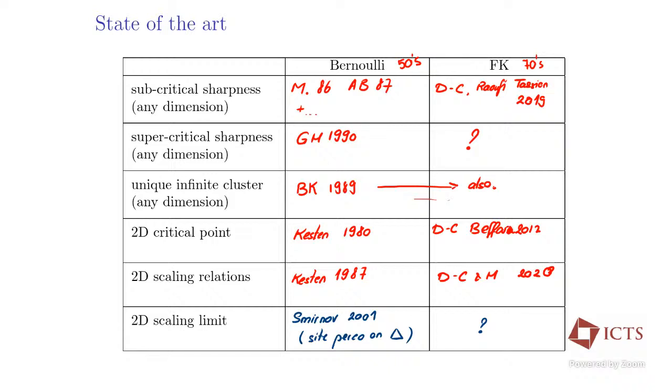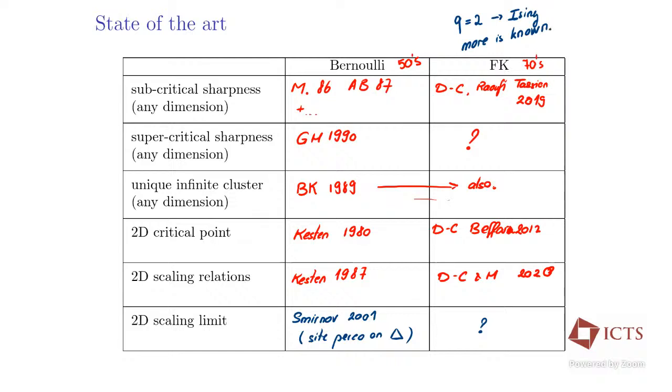Now, there is something that I should mention: there is a special value of q, namely q equals 2, which is related to the Ising model, which is very special and much more is known, even more than for Bernoulli percolation.